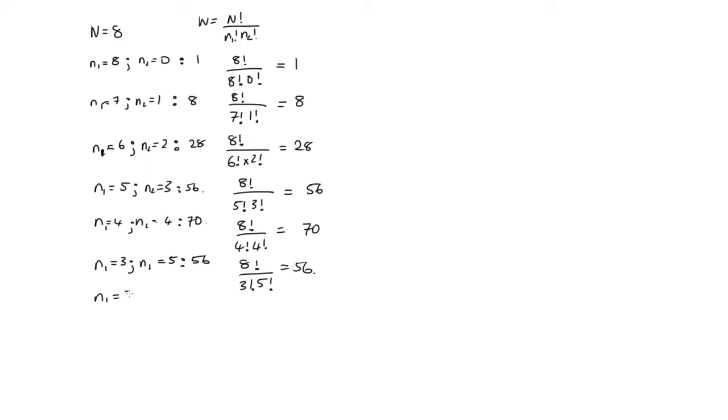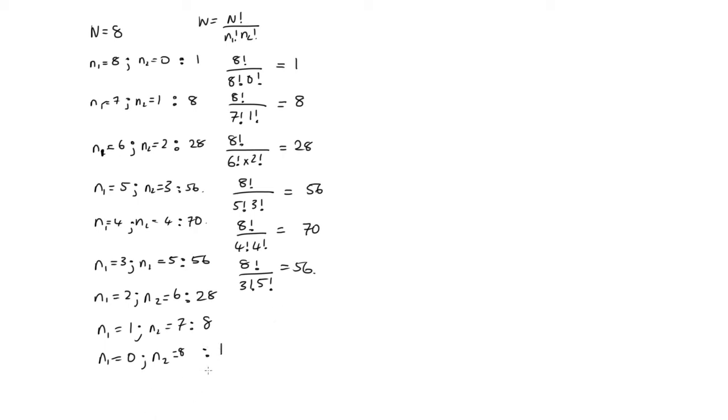Then we've got n1 equals 2, n2 is equal to 6, and that's the same as this one, so 28. We've got n1 equals 1, n2 equals 7, that's 8, and then we've got n1 is none, n2 is 8, and that gives us 1.